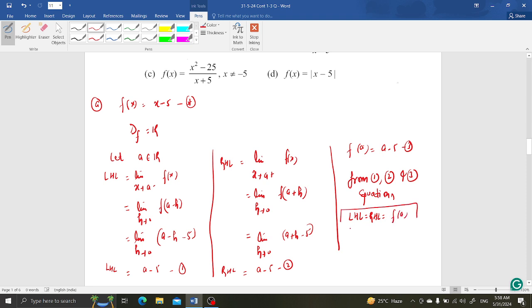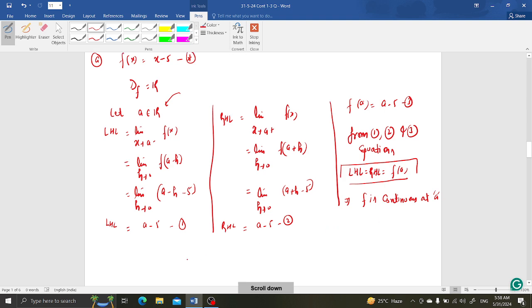Hence the function is continuous, which implies f is continuous at a. See, a is an arbitrary real number I chose here.